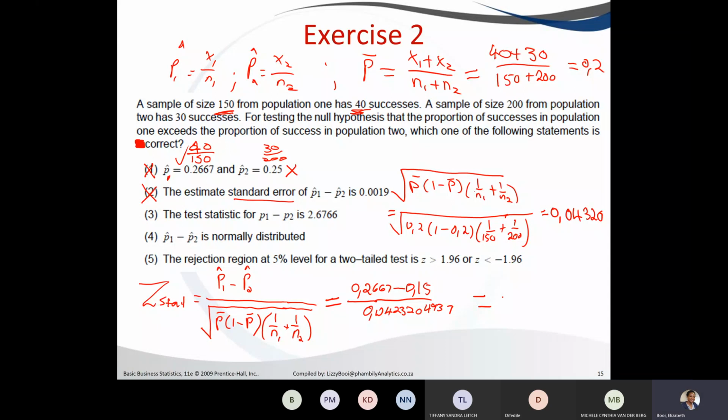I wrote the number wrong. 0.2667 minus 0.15 equals, divided by 0.043204937, equals 2.701. So 2.7011.